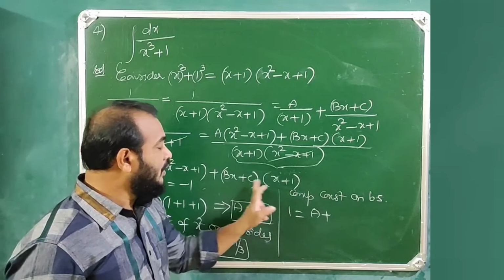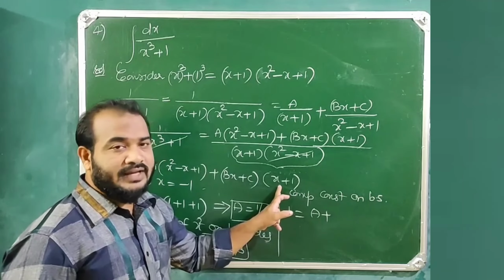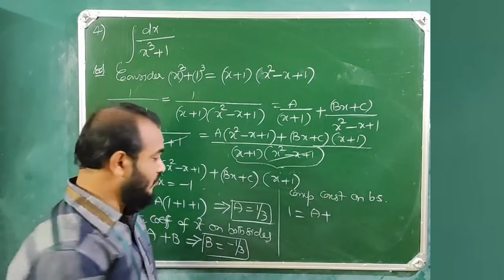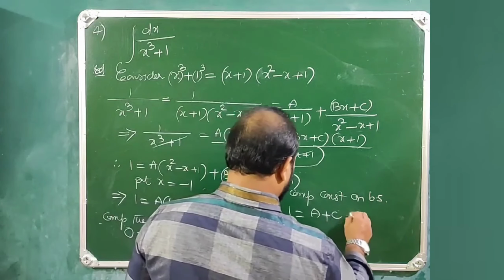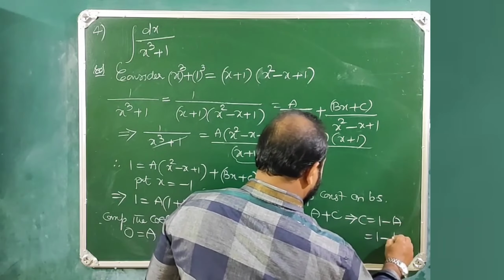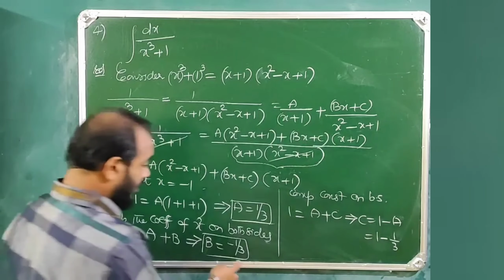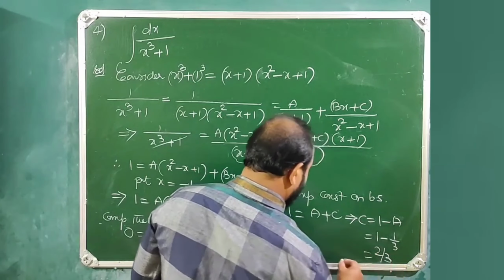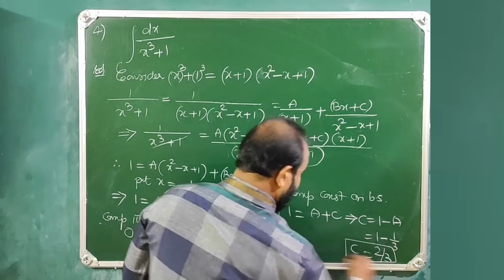And c into x is cx, that is an x term again. But we are looking for the constant, so c into 1 is c. So c is equal to 1 minus a. 1 minus a is 1 minus 1 by 3, so 3 minus 1 is 2 by 3. This is the c value.